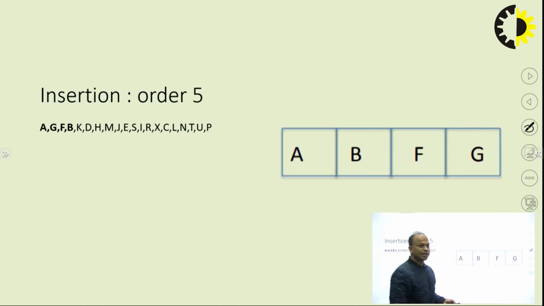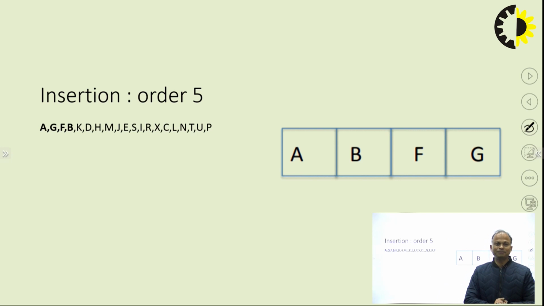Now we are going to perform the insert operation and delete operation in detail. Whatever we discussed in the previous few slides, we are going to discuss in detail for better understanding.